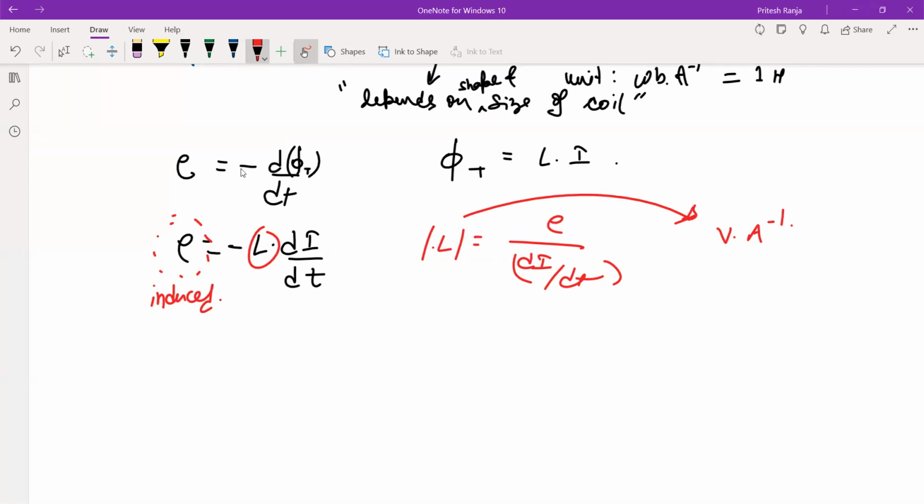So from this definition, I can also define L can be E when di by dt is equal to 1.